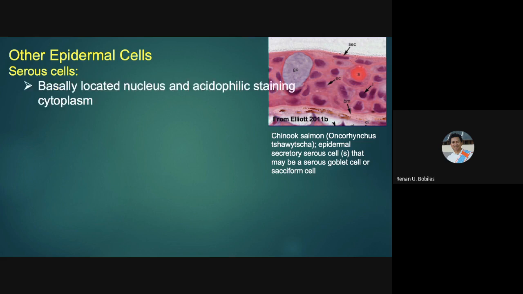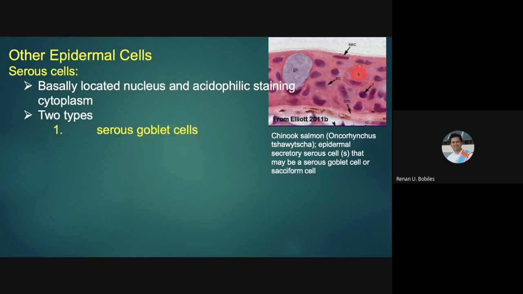We have the serous cells, which have a basally located nucleus and appear when stained using an acidophilic stain, like eosin. So there are two types of serous cells.